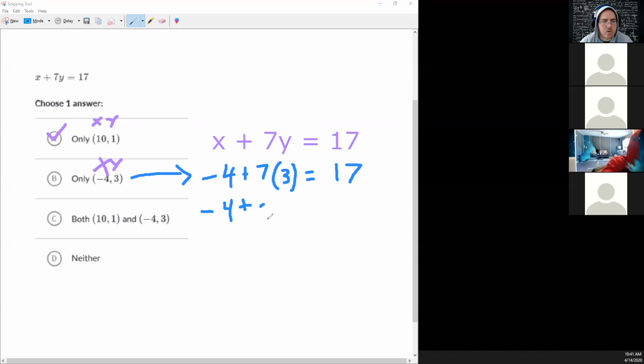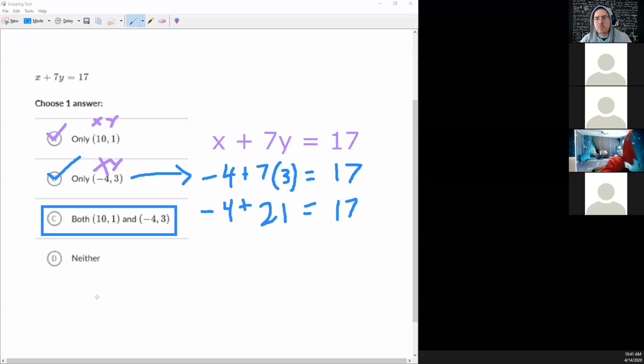I think we did this one earlier. Negative 4 plus 21, yep. That one also comes out to be true because negative 4 plus 21 is 17. Adding a negative 4 to a 21 is the same as 21 minus 4. So I think the answer in this case has to be both. So that's a good question. Thanks for sending that in.